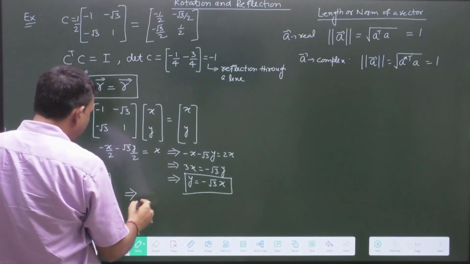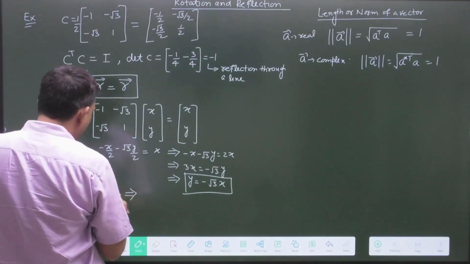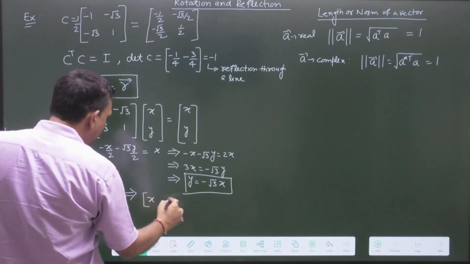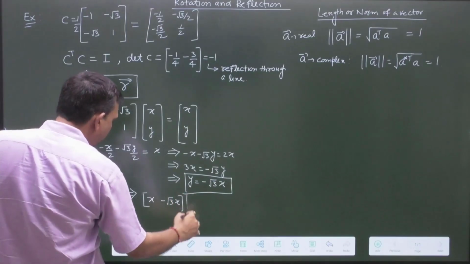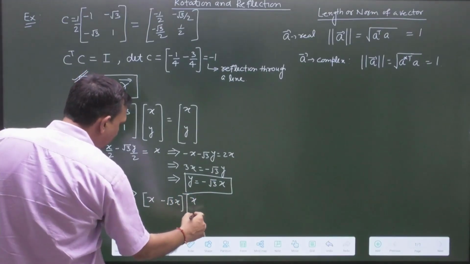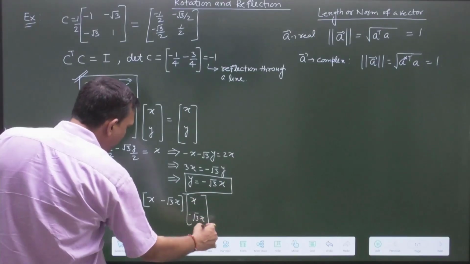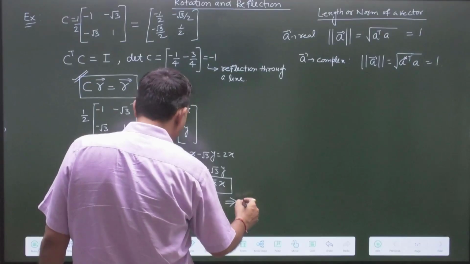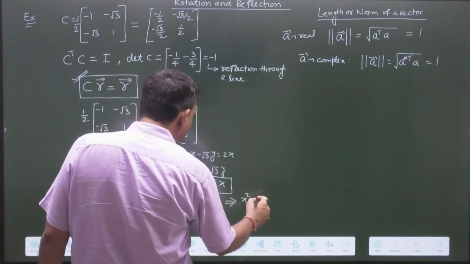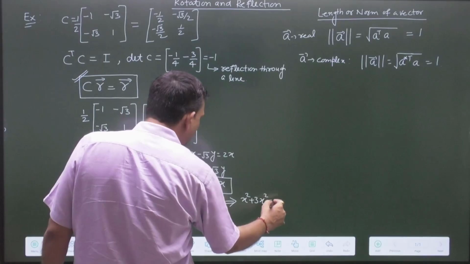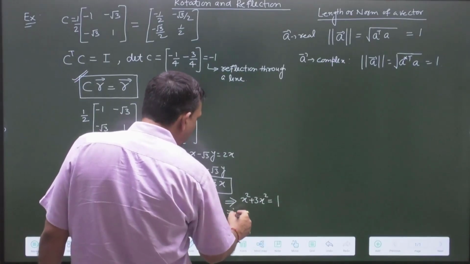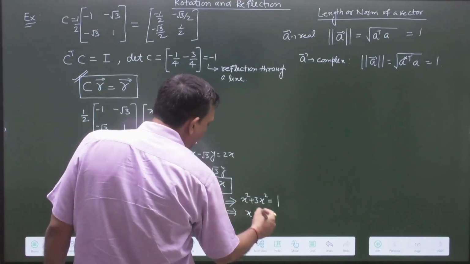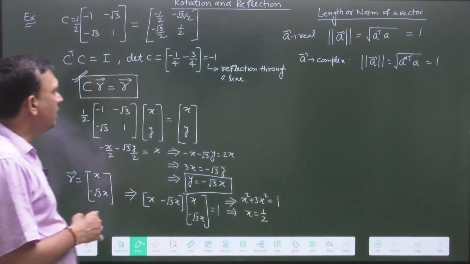R transpose is (x, minus root 3 x), and this column is x, minus root 3 x. This should be 1. So this will give you x square plus 3x square is equal to 1, or 4x square is 1, so x will be 1 by 2.